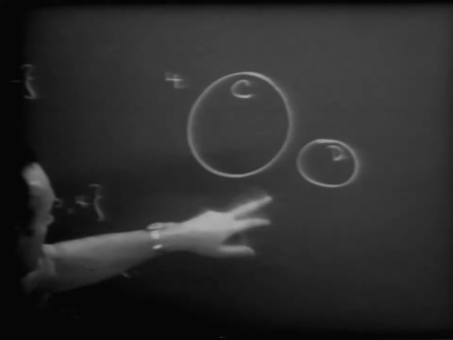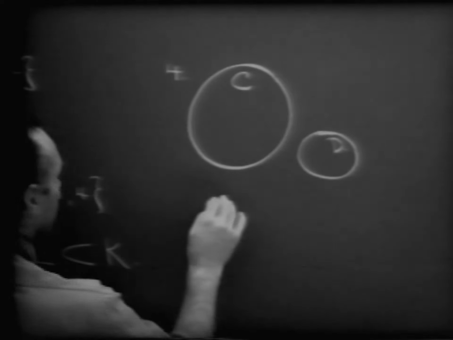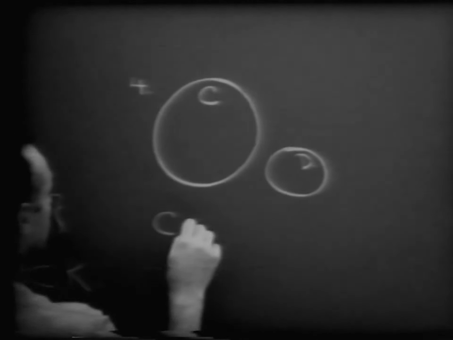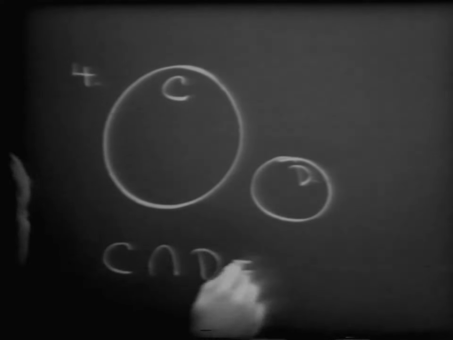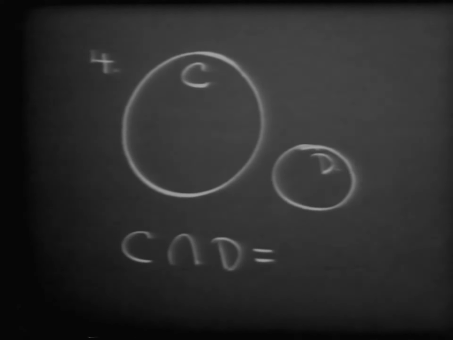Now, as given here, is D a subset of C? And I think you would have to say no. Are there any points in common to both C and D? In other words, if I looked at the set C intersection D, what is your conclusion about this set? C intersection D, Steve says, is equal to the empty set, the null set.